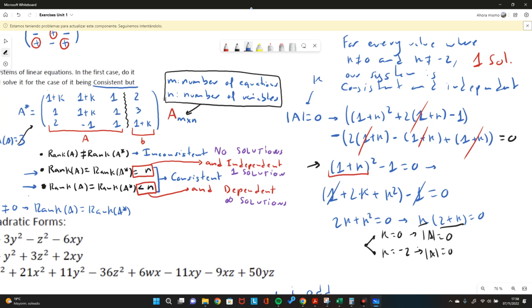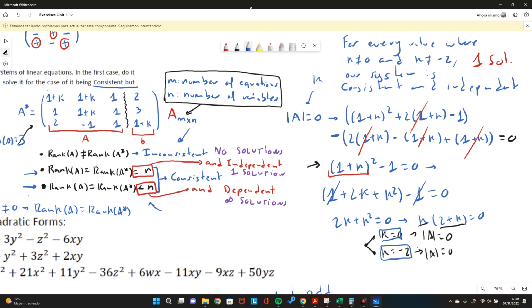And so we now have to see if for any of those values, k equals 0 and k equals minus 2, the system is either inconsistent or consistent but dependent. If we find that for any of those values the system is consistent and dependent, we have to solve it. If not, just say that for both values the system is inconsistent. So what happens here?